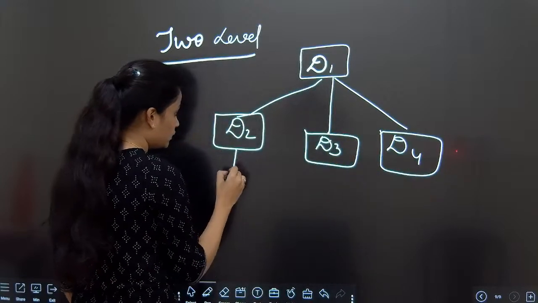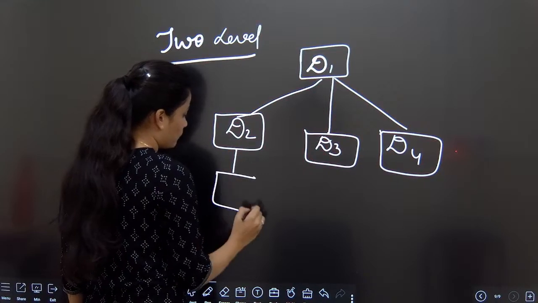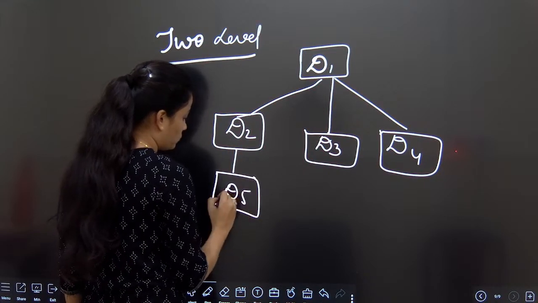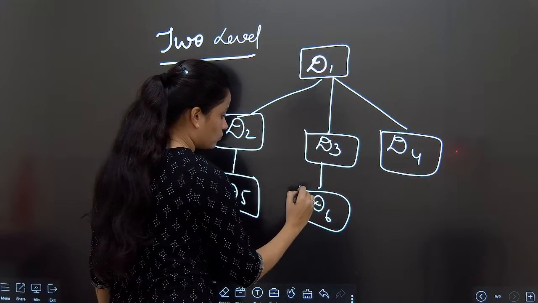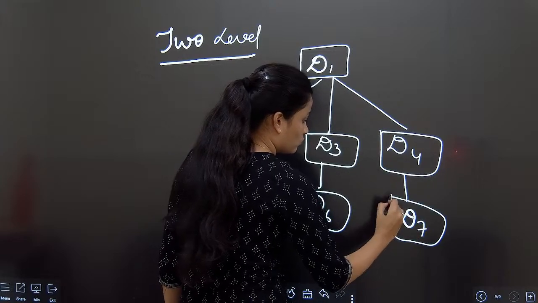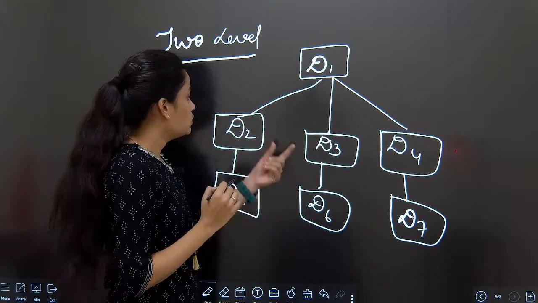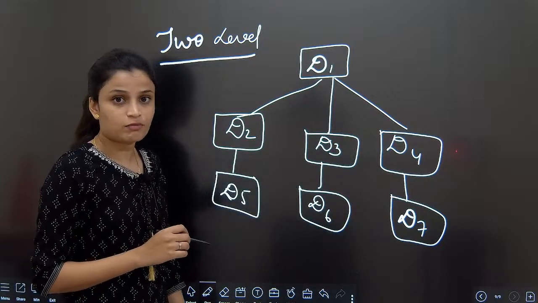Okay, D2, D3 and D4, two levels will be present. D2, D3, D4, D5, D6, D7, three level directories will be present.